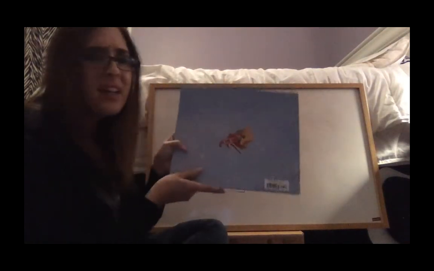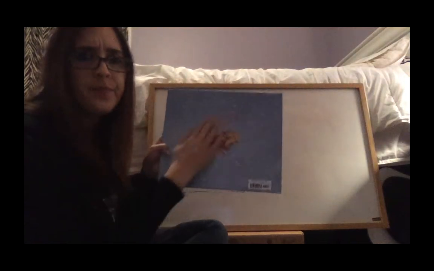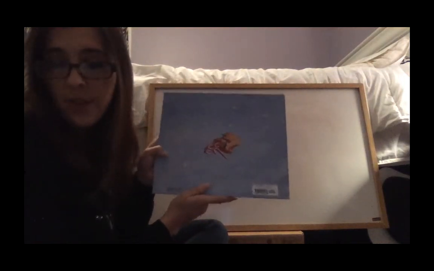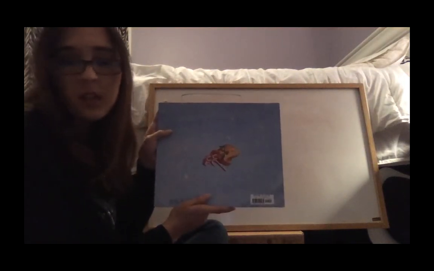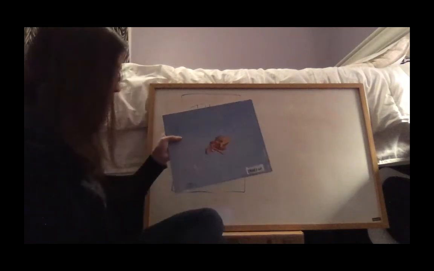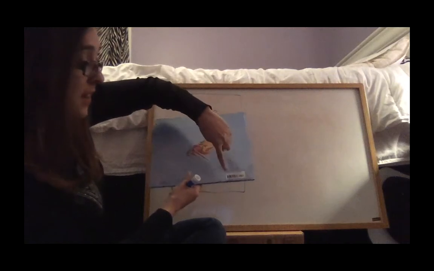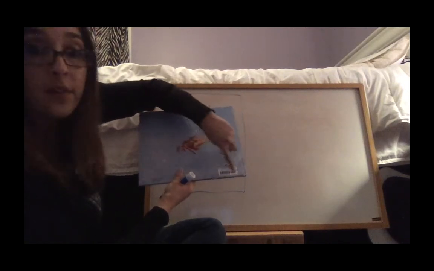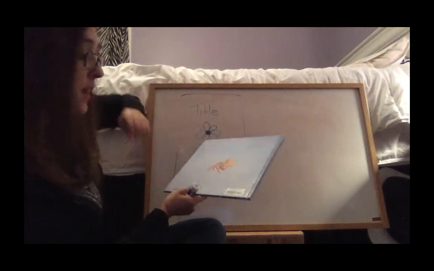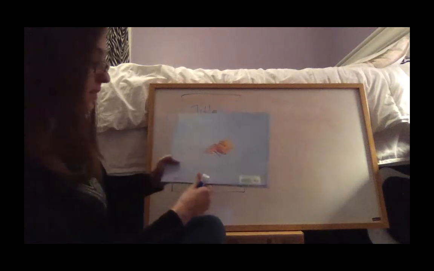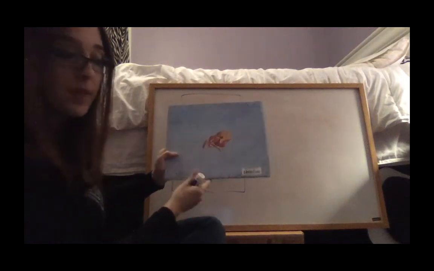What does the back cover show us? Does anyone know? Yes. Okay. So the back cover has a picture normally, and then it has our ISBN number, and that's what helps us find our book at the libraries and stuff. And sometimes it has your publisher as well.